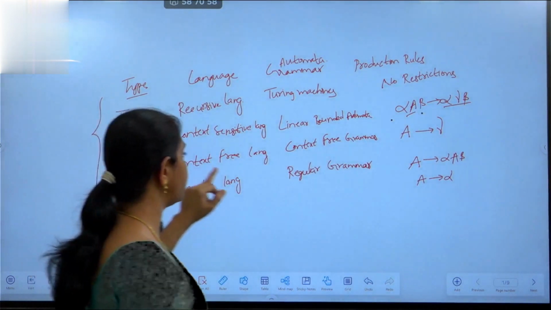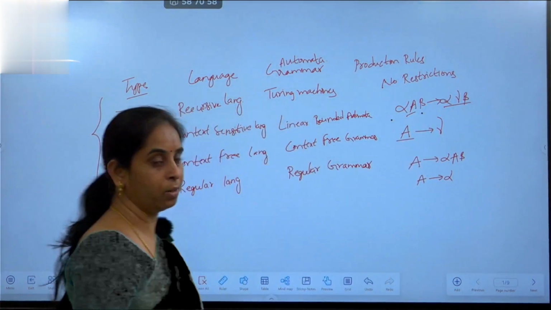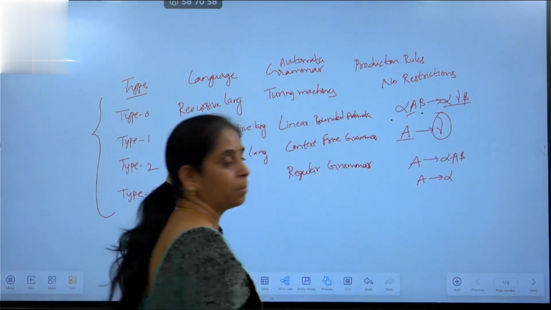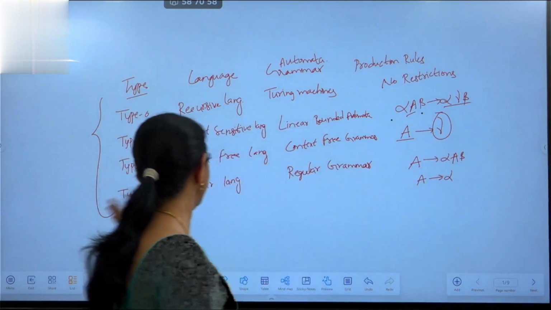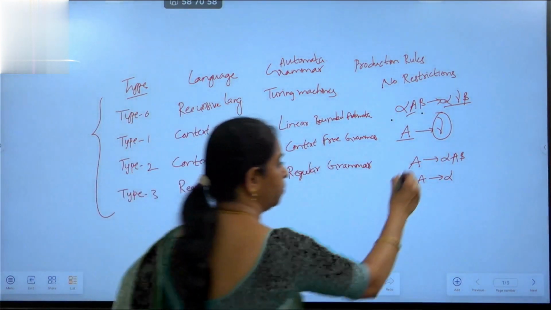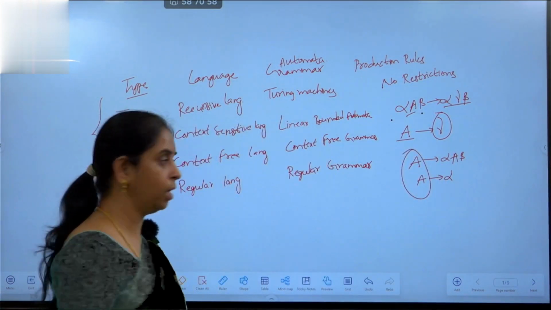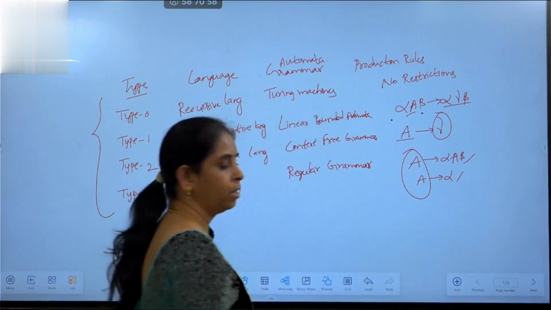Next is the type 2 context free language: only a single non-terminal at the LHS side, and gamma, which is a terminal or non-terminal, at the RHS side. Coming to type 3, at the LHS side we have only a non-terminal, and at the RHS side we have the terminal as well as the non-terminal.